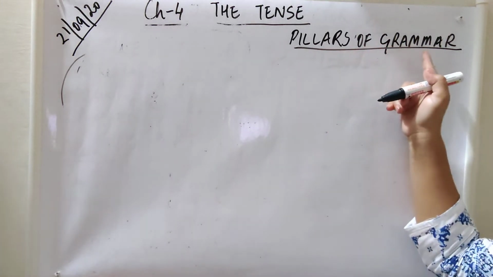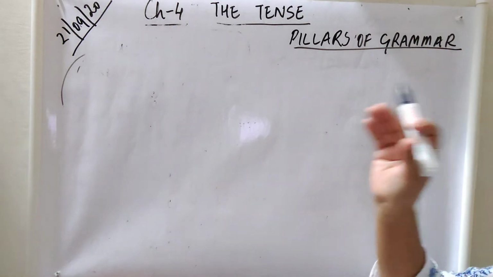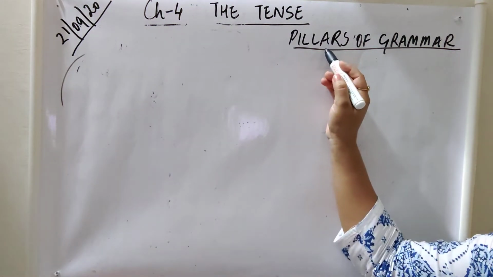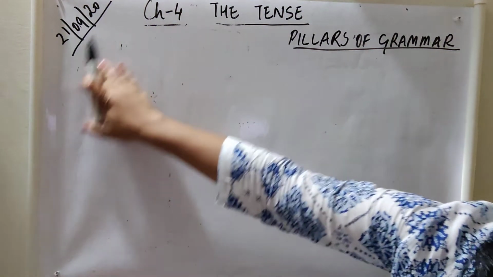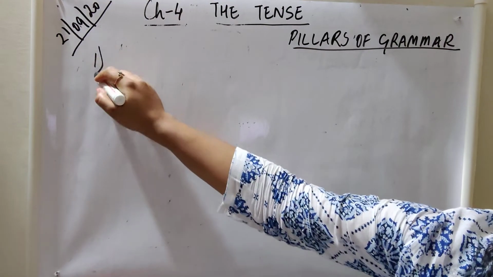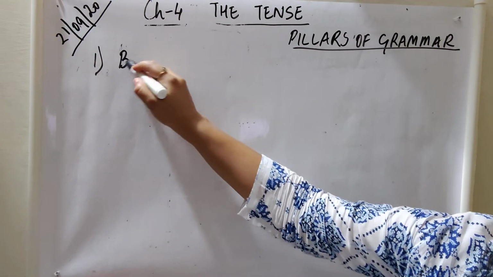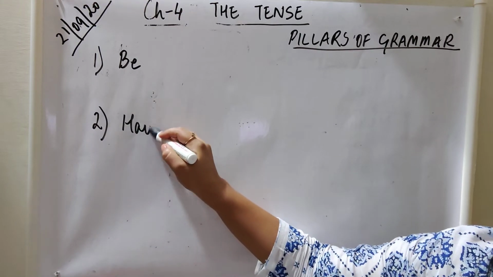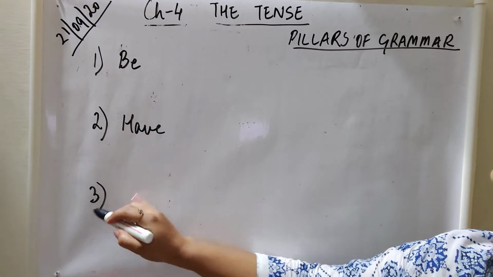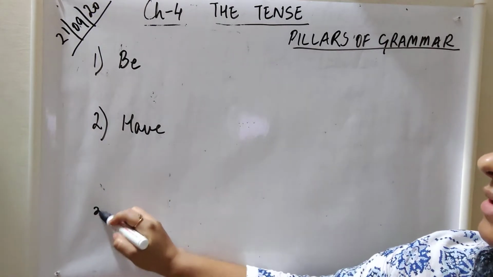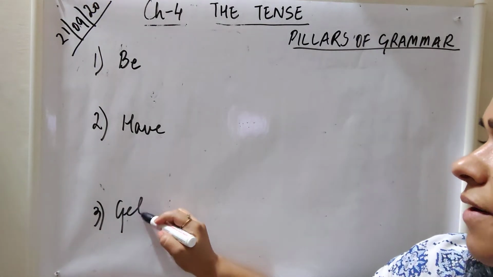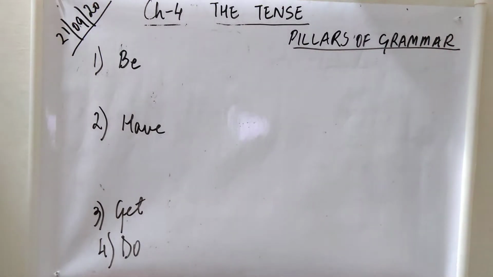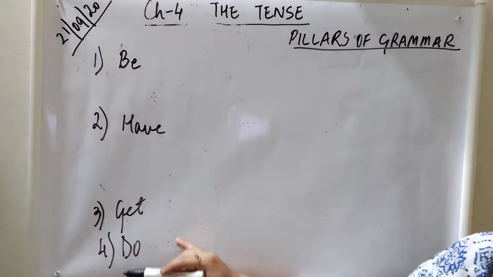Similarly, the verbs on which the grammar is based are called the pillars of grammar. We have four pillars: be, have, get, and do.